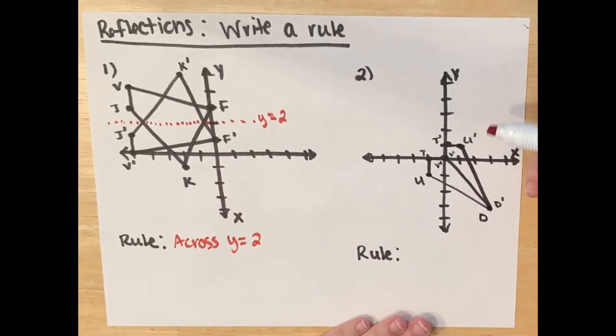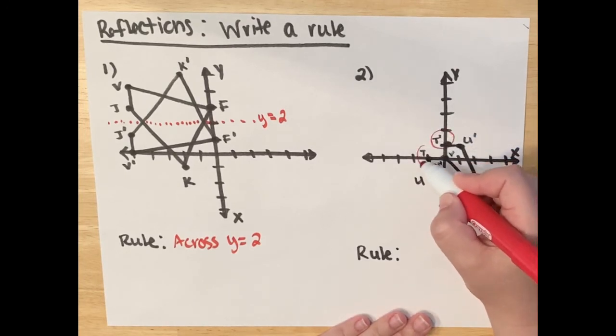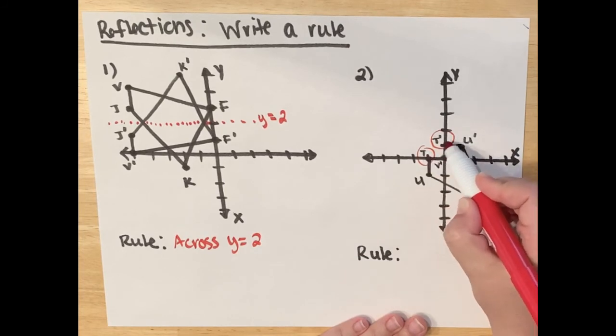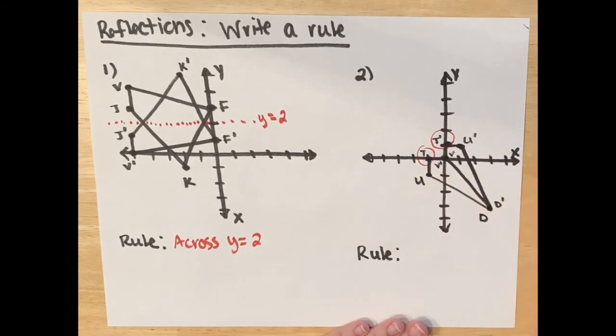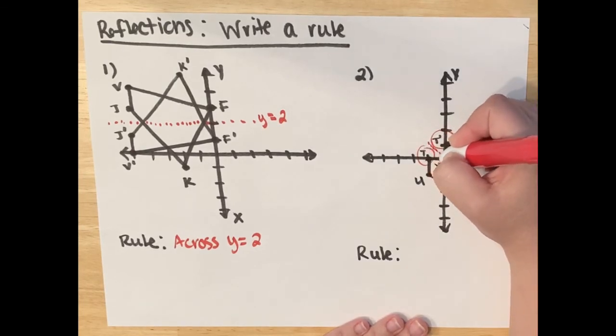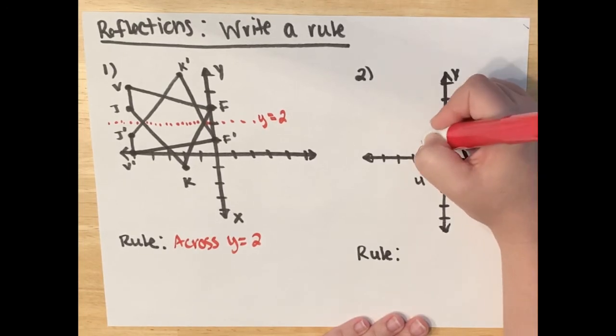Over here, I'm going to pick T prime and T. And they're diagonal from each other, which tells me the line of reflection will also be diagonal. So the middle is like right in here. Oh, and it looks like the shape is right on the line of symmetry even.